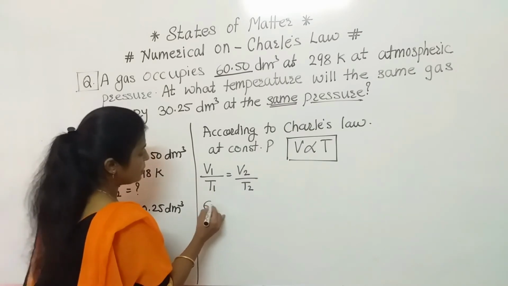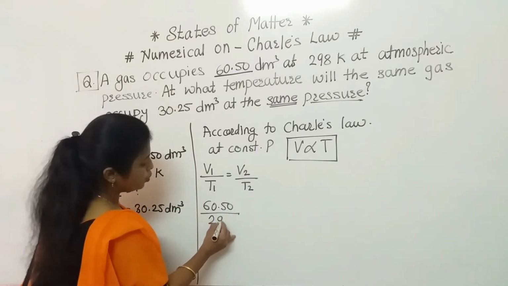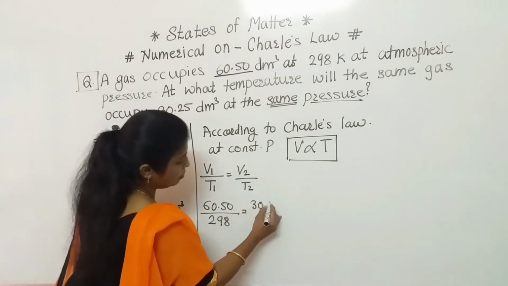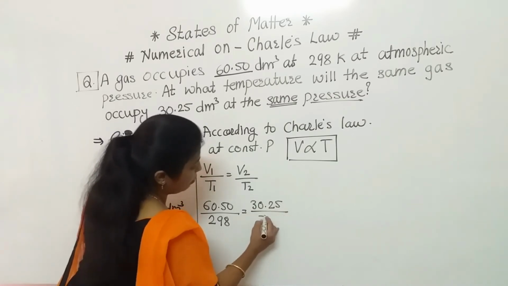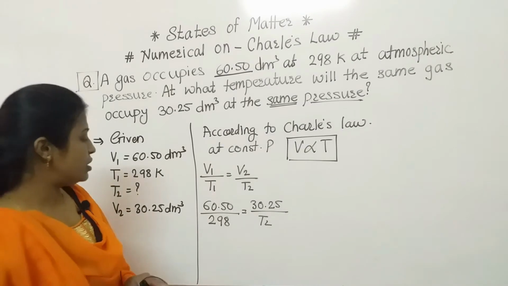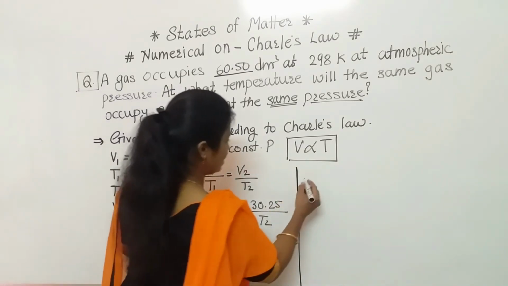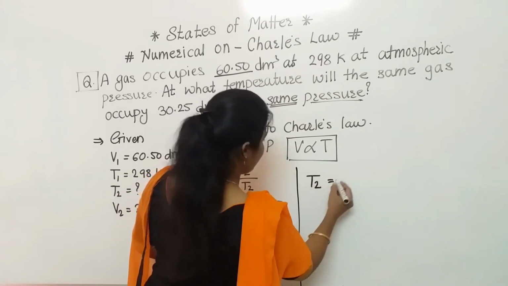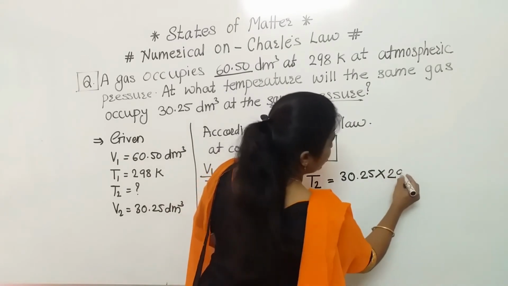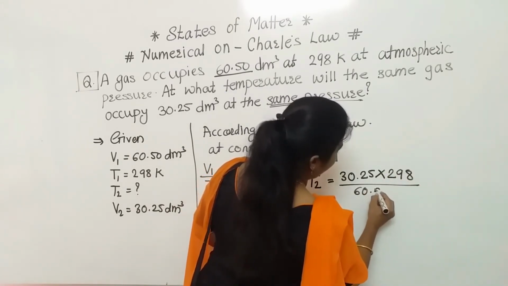So V1 is 60.50 divided by T1, 298, is equal to V2, which is given as 30.25, divided by T2, which we have to find out. Just rearranging this equation, we get T2 is equal to 30.25 into 298 divided by 60.50.